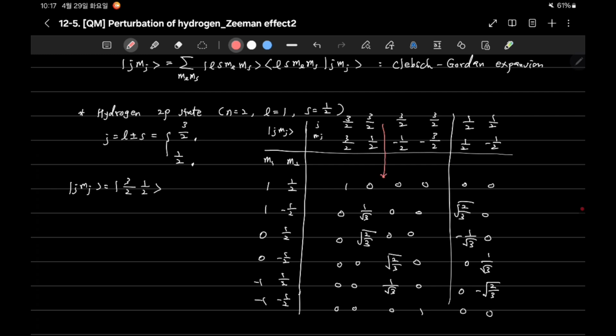This line. Then the other terms are 0. Only the non-zero terms are like this: 1 and minus 1/2, and here 0 and 1/2.